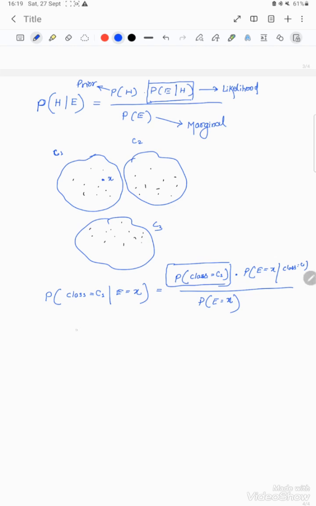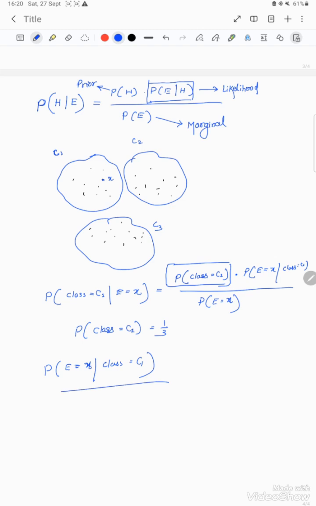That means the probability of class equal to C1 is 1 by 3. If the classes are not equally likely, then you can count to establish the probability of class equal to C1. That's easy. The second thing I was talking about is the likelihood: the probability of evidence x given class equal to C1.